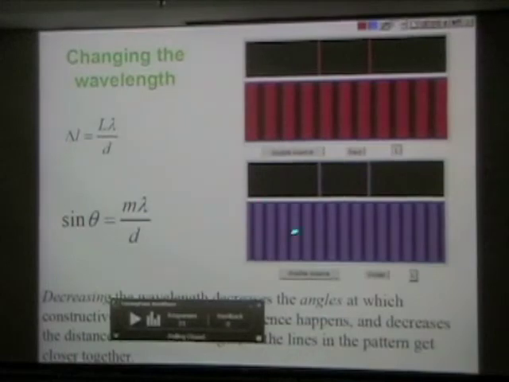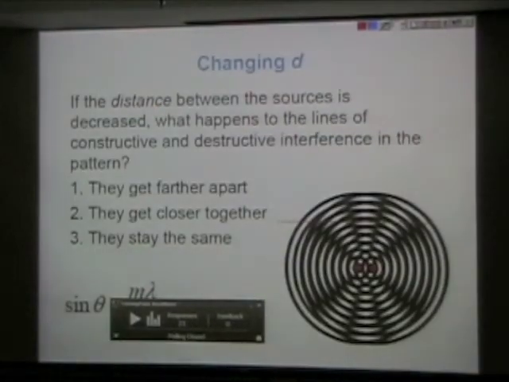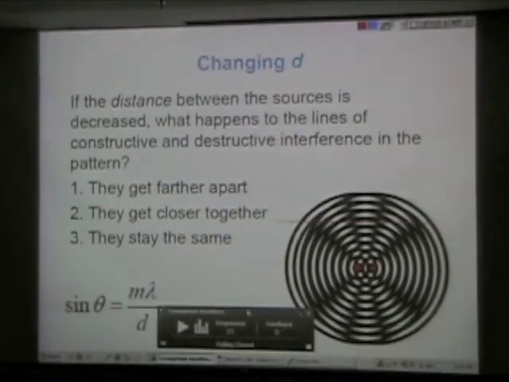Shorter wavelength, patterns shrink. Now, next question. Same situation, however, the variable we change now is the distance between the sources.